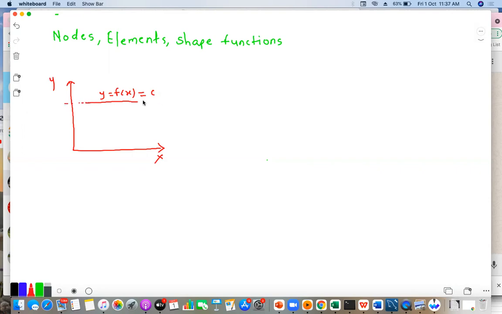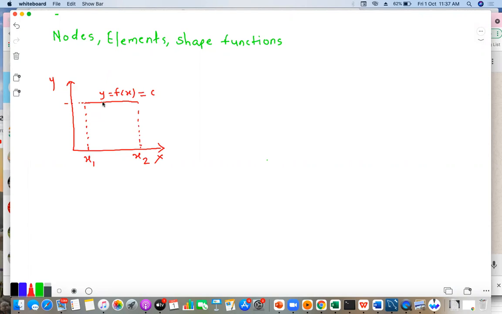It is a straight line parallel to the x-axis. That's why it is constant. This is x1 and this is x2. So this is the function f of x equal to some constant.